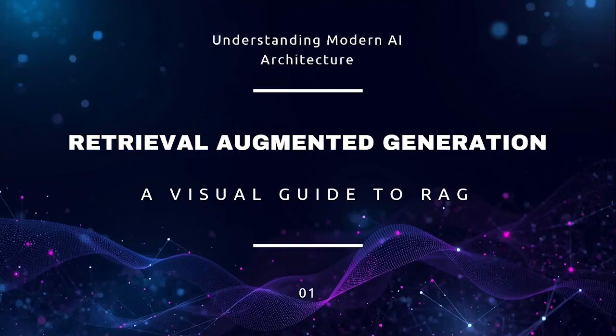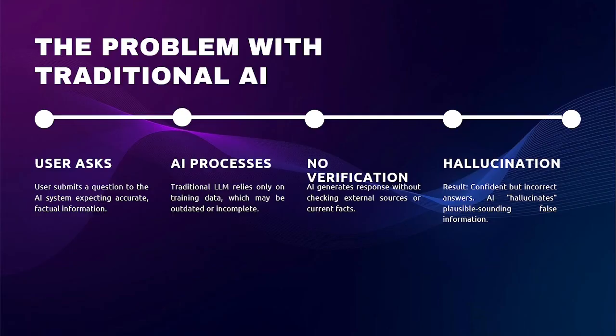Let's first understand the problem. Have you ever asked an AI something and felt like the answer sounds correct, but you are not fully confident if it is actually right? That happens because the AI is answering based on what it already knows, not based on the real data. Here, what is happening behind the scenes?